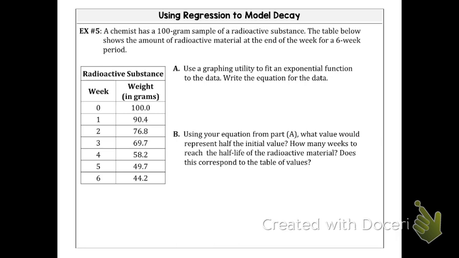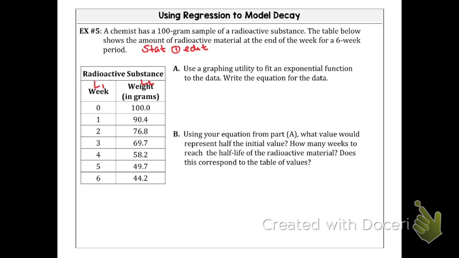So you're going to go to stat edit. And you're going to put this in. So you're going to put your weeks in L1 and your weight in L2. So pause the video if you need to do that. All right, once you get done with that, we just want to write the equation right now.